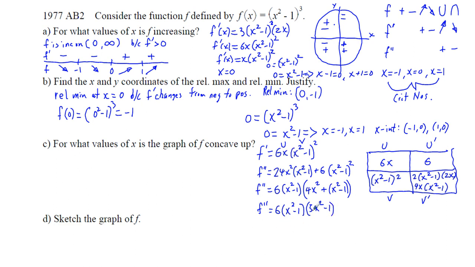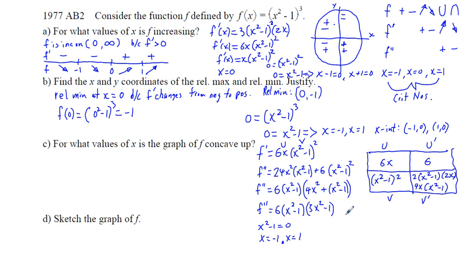And so we set each of these factors equal to 0, so we can say x squared minus 1 is equal to 0. And so using the difference of squares, we're going to have x is equal to negative 1, and x is equal to 1.